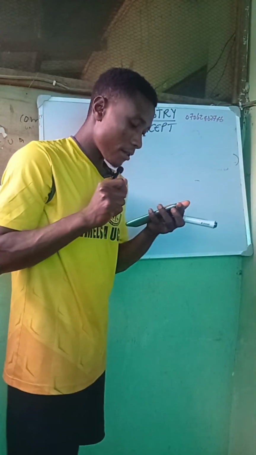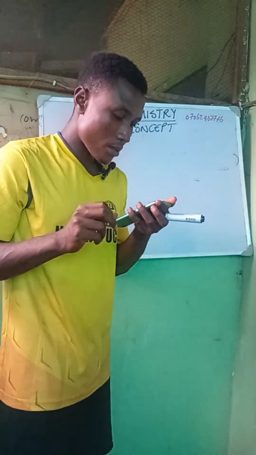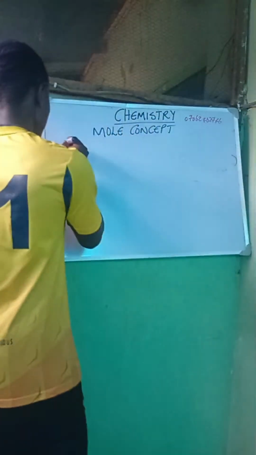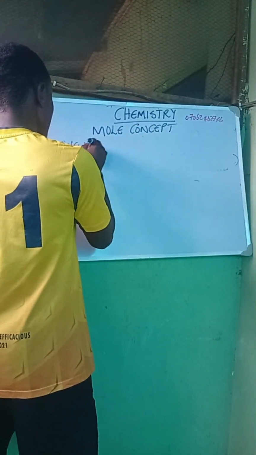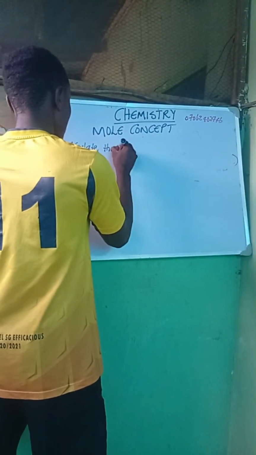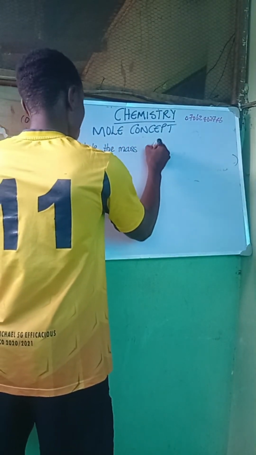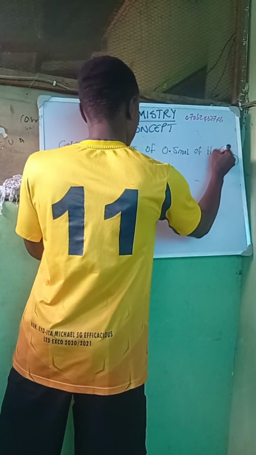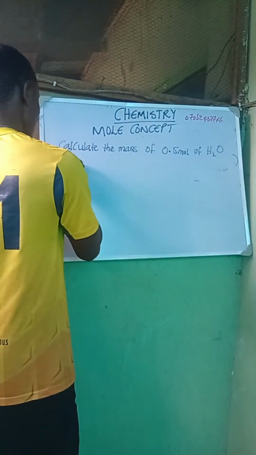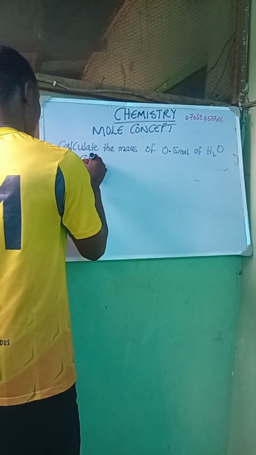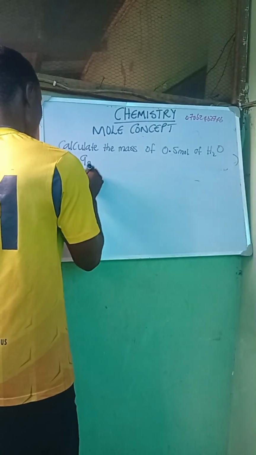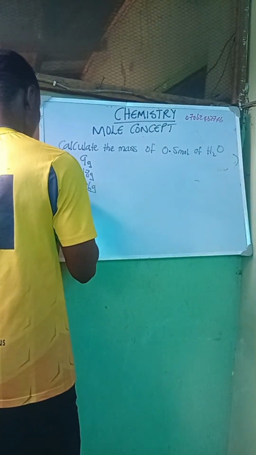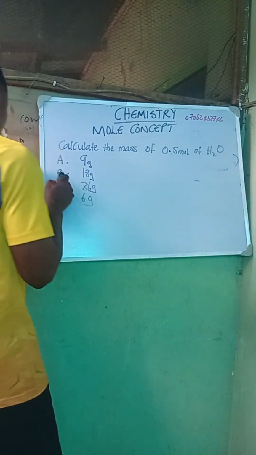Okay, we have: calculate the mass of 0.5 moles of water. Calculate the mass of 0.5 mole of H2O. We have A, 9 gram, B, 18 gram, C, 36 gram, and D, 6 gram.